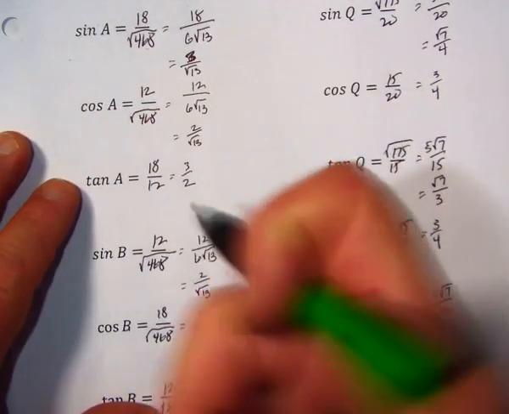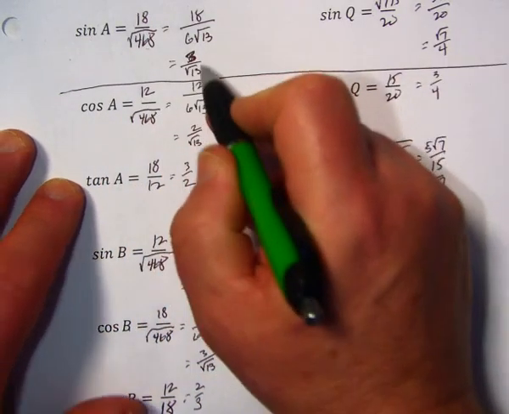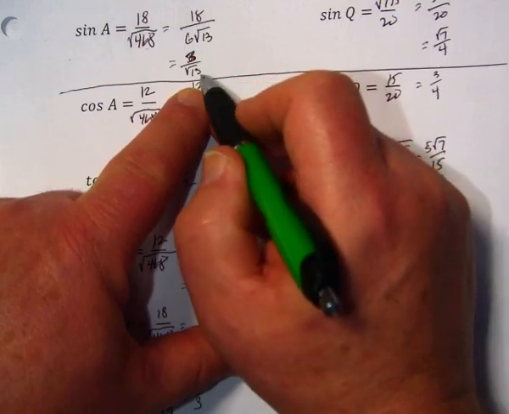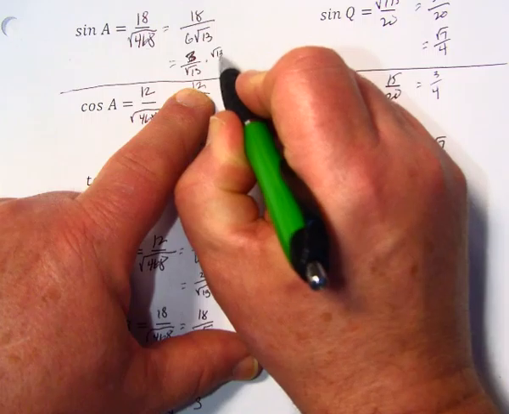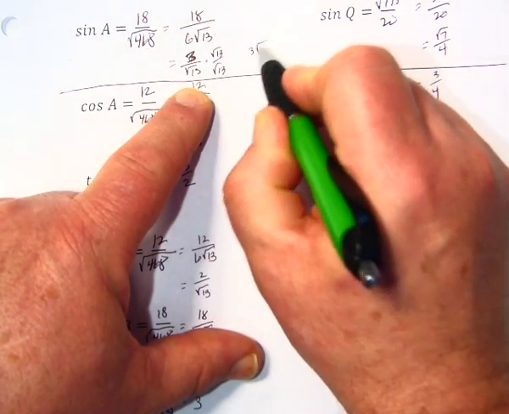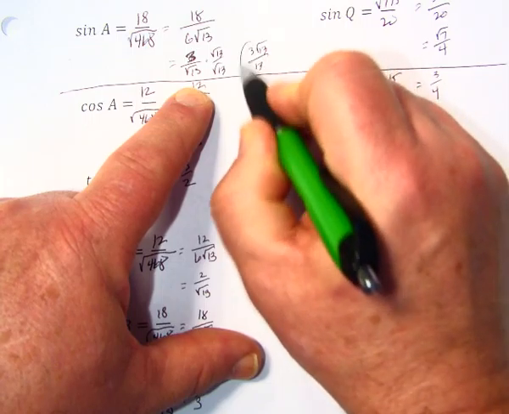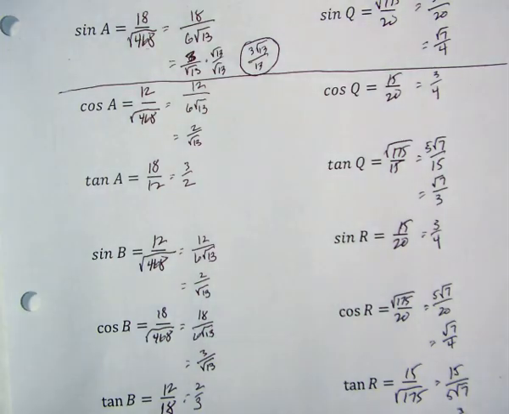If we look at sine of A right here, this 3 over root 13, we need to pretty that up, so we multiply by root 13 over root 13, and we see this as 3 root 13 over 13. That would be the preferred way for this to look. I'd like you to go through and pretty up the rest of them using this second principle of simplifying radicals.